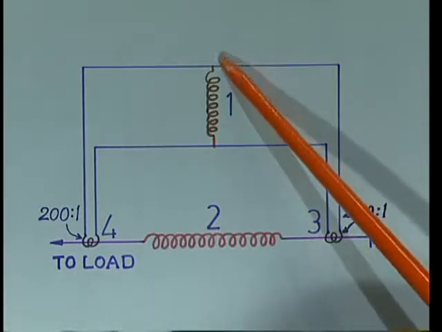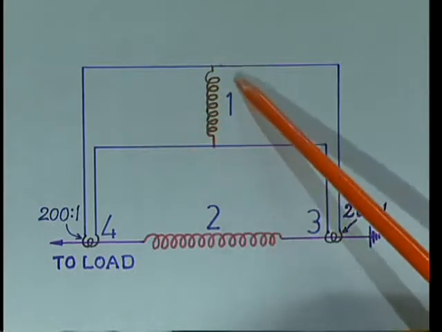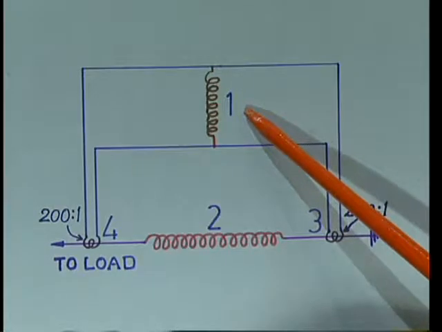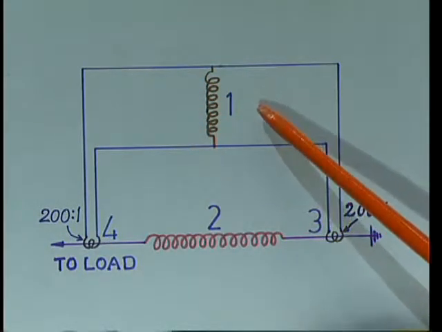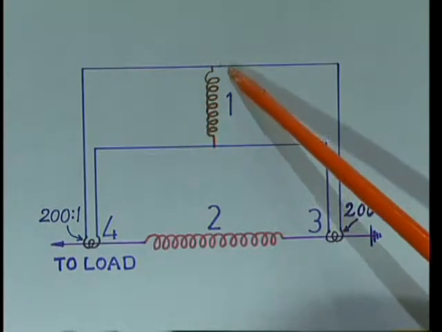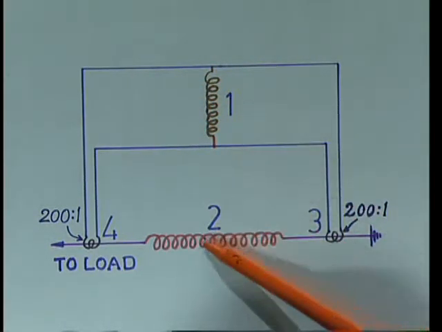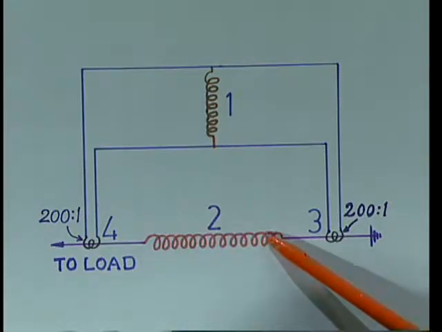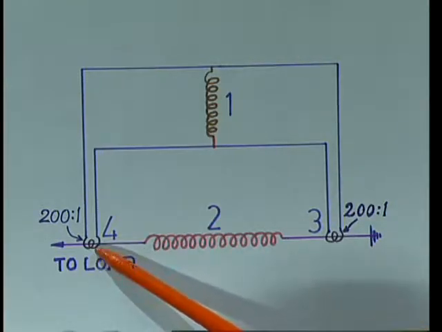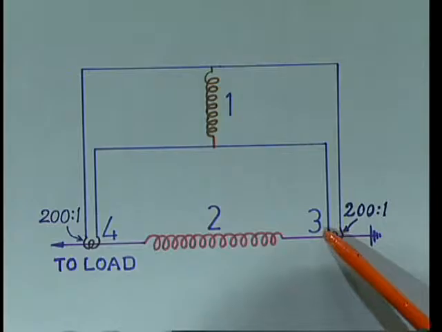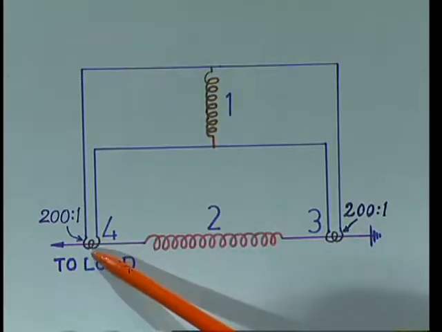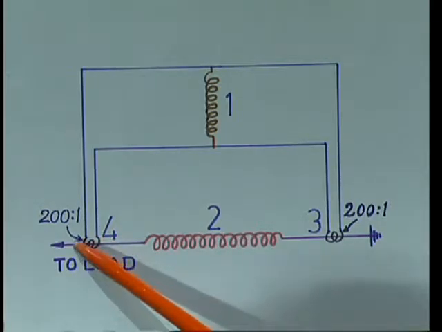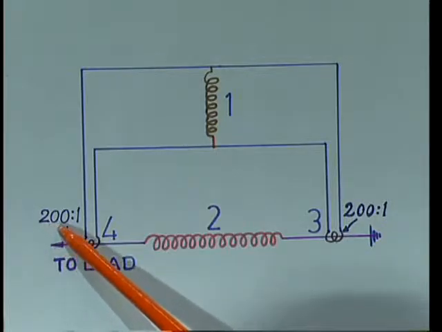So one is the operating coil of the overcurrent relay. That means the differential relay is nothing but an overcurrent relay, but its connection is somewhat different. Two is the protected winding, that is the alternator winding to be protected here, and here it is CT. Three and four are CTs connected in series with the winding to be protected, and the CT transformation ratio is 200:1.